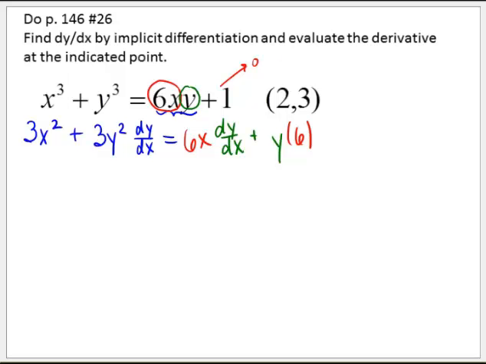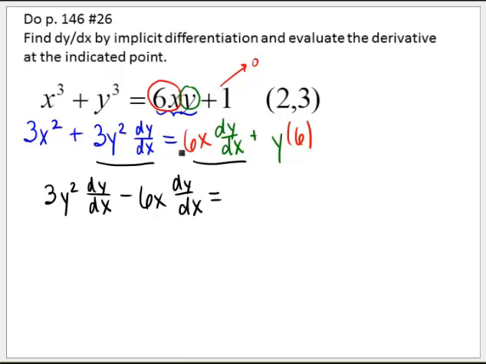Collect my dy over dx's on one side. So I'm going to move everything to the left-hand side. So we'll have 3y squared dy over dx minus 6x dy over dx equals, I'm going to move my 3x squared to the other side.